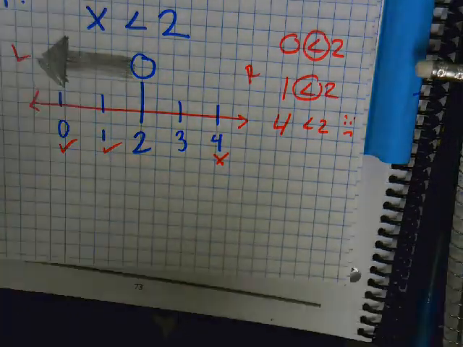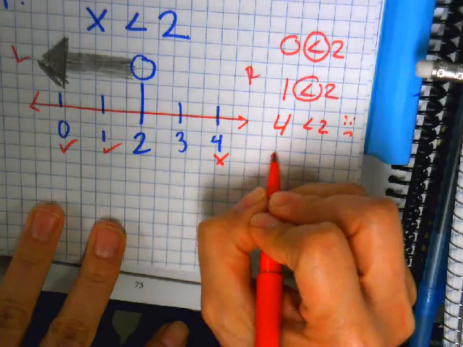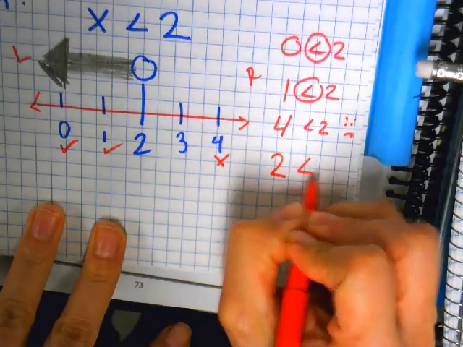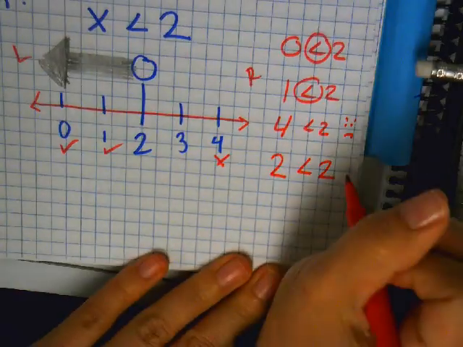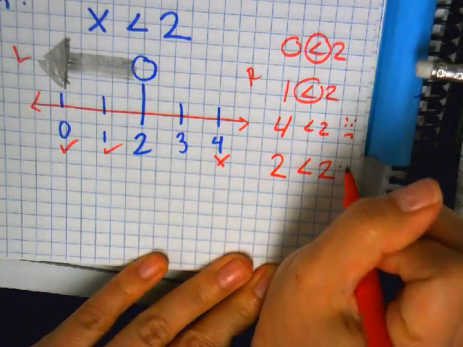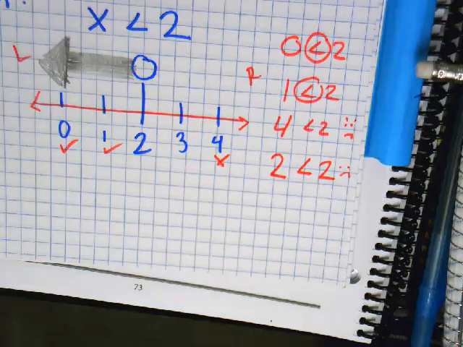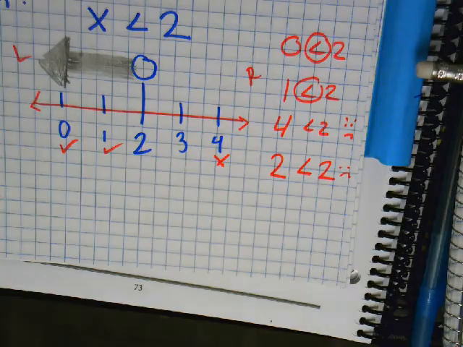Now, open or closed circle. 2. Is 2 less than 2? Oh. Closed. Is this statement saying it's equal? No, this statement says 2 is less than 2. Okay. Is 2 less than 2? No. Hence, the reason we have an open circle.